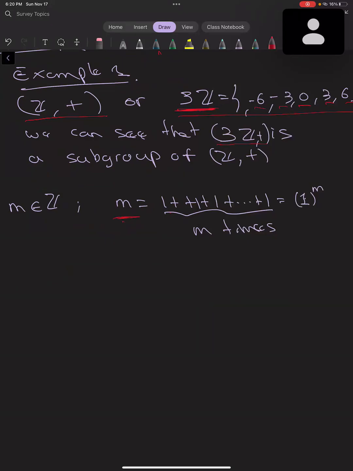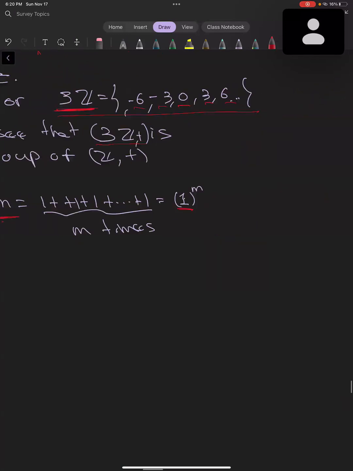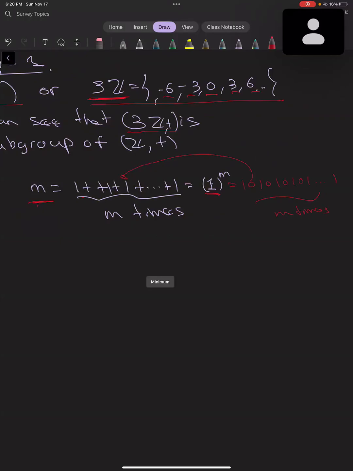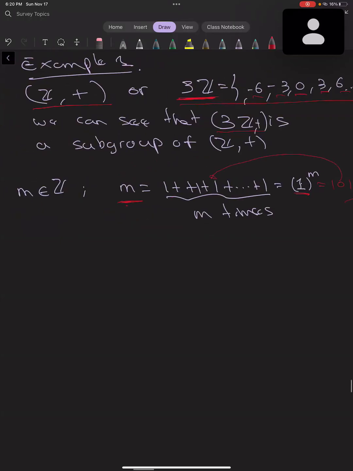With the notation of the book, this 1 to the n means iterate 1 with the composition, the operation n times. In this case, the operation is the regular sum.